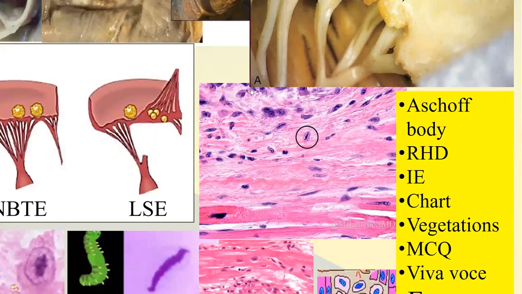I am able to see large pale cells. Maybe they are modifications of the macrophages, histiocyte-like cells. And they are called the Anitschkow cells. The entire structure is called the Aschoff body. Some of the cells have a wriggling pattern of chromatin, which is called caterpillar-like chromatin.